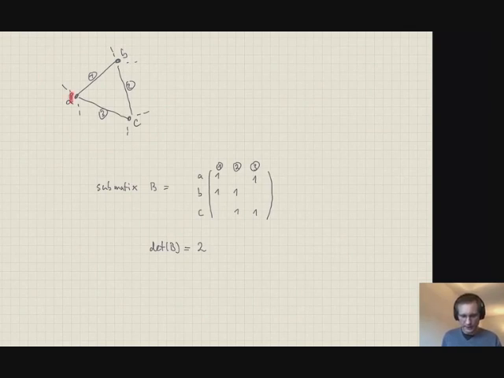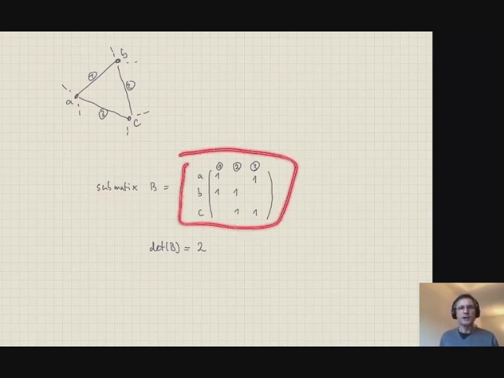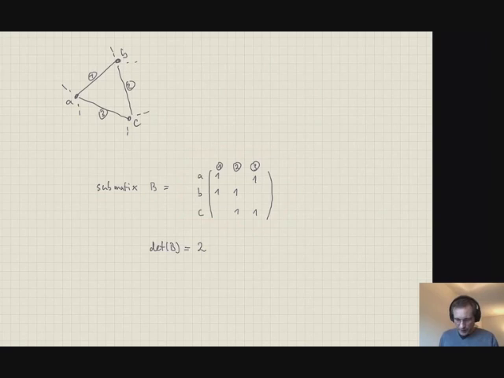So we have three vertices A, B, and C, and they form a cycle of length 3. And then this would give rise to the submatrix here on this paper. So for instance, edge number 1 here would be incident with A and B, edge number 2 here is incident with B and C, and so on.